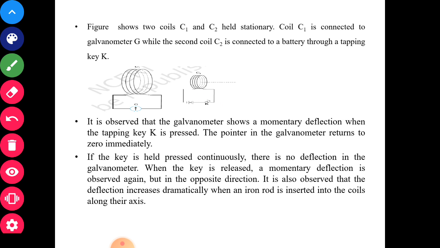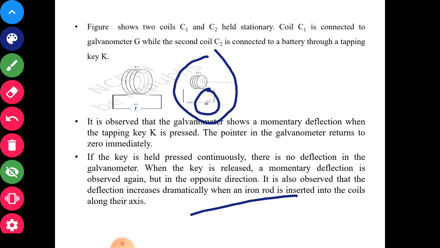If the key is held pressed continuously, if you keep on passing the current through the second coil, then what will happen? There is no deflection in the galvanometer of the first coil. A momentary deflection is only seen when it is switched on, and then again it comes back to zero.